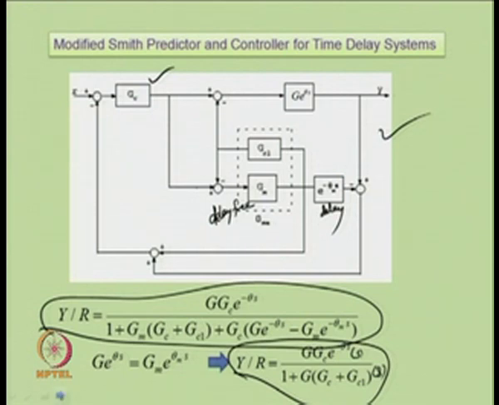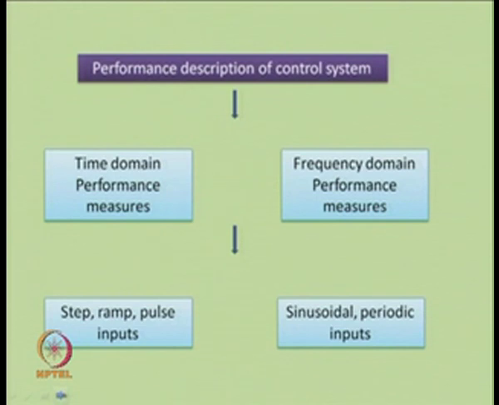Now, we shall discuss performance description of control systems. Time domain performance measures of control systems can be observed easily from the time responses of systems. Similarly, frequency domain performance measures may not be apparent directly from the frequency responses of a closed loop control system.